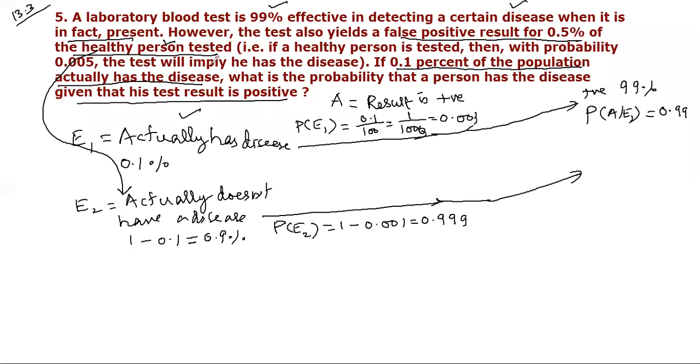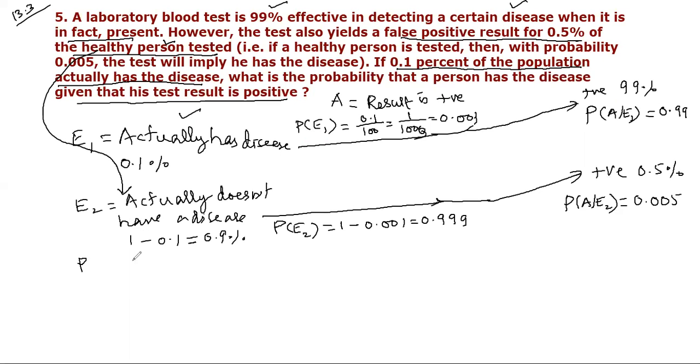They are healthy, and their positive result is 0.5% as per the given data. So the probability of healthy persons having positive results is 0.005. Convert to decimal, then you will get the answer as per your textbook. Otherwise there is a slight difference in the answer, no problem.